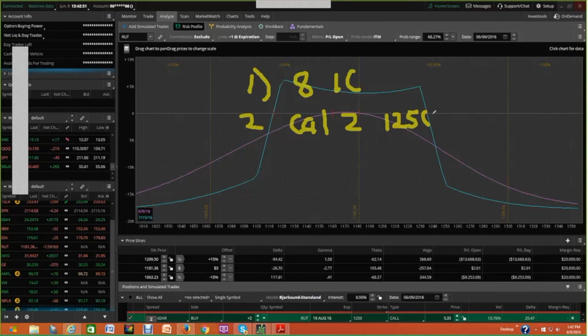Buy 2 August, sell 2 July, and then do 2 calendars on the put side, right? At the 1100 puts. Anyways, that's just an idea, right?